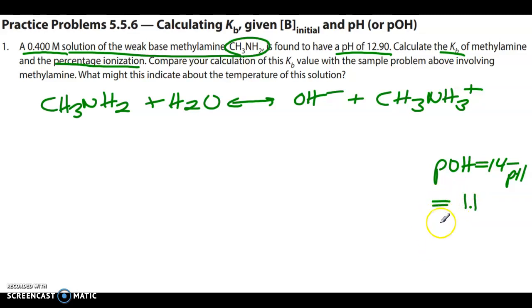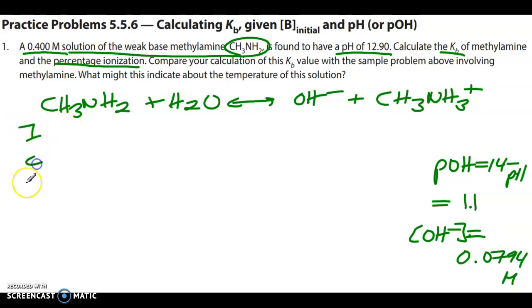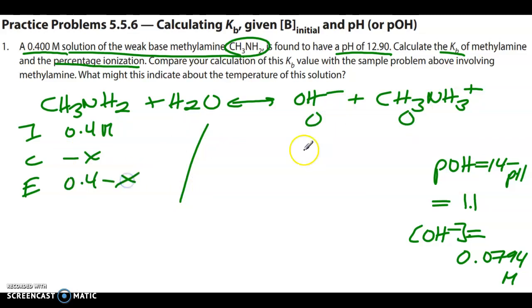And then we're going to have a hydroxide concentration equal to 0.0794 moles per liter. So here our ice table, we have 0.4, and then 0, 0, minus x, 0.4 minus x, plus x, plus x, x, x.